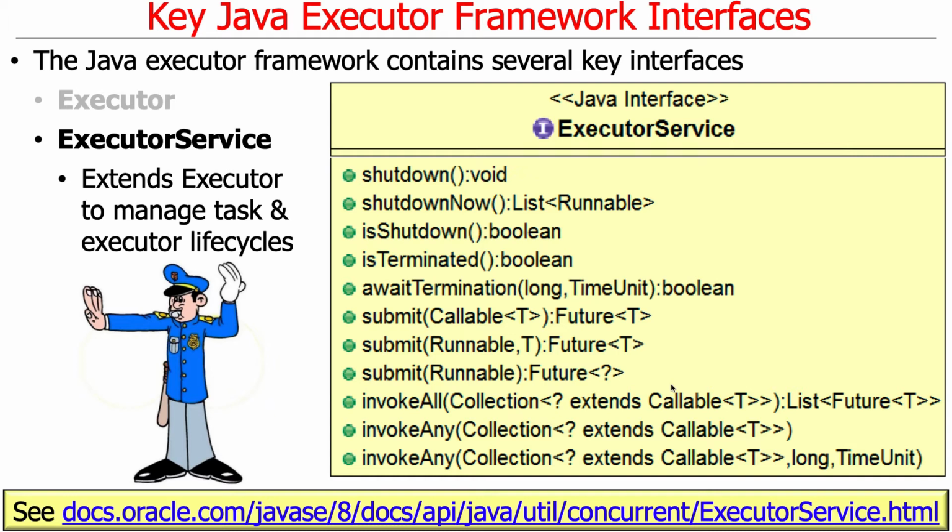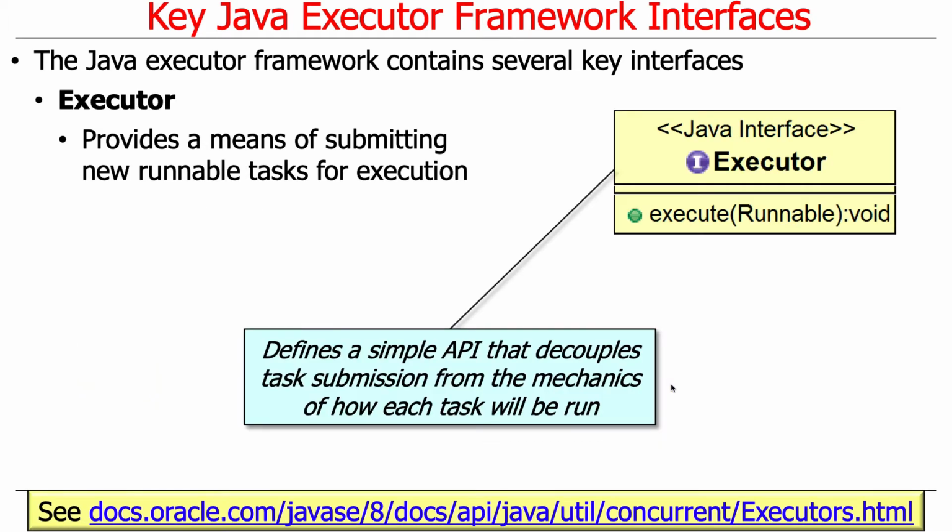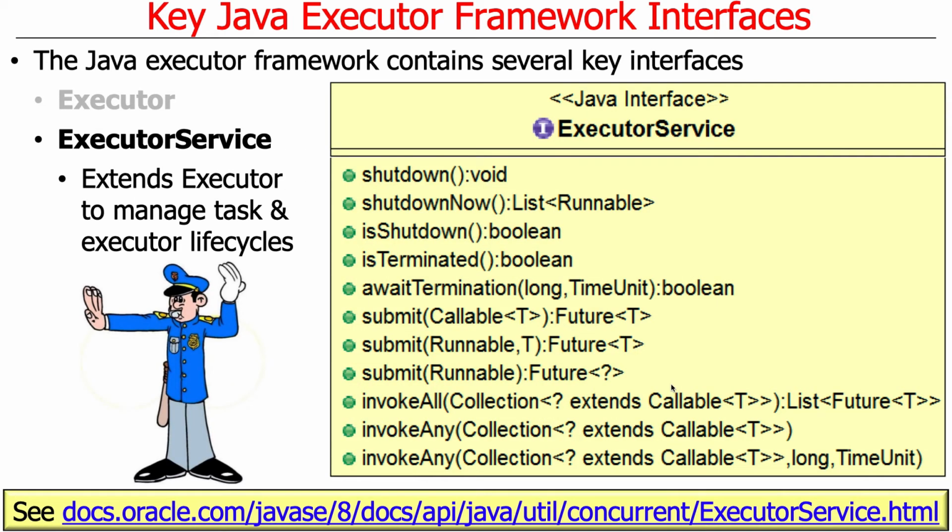Much more interesting is the Executor Service, which extends Executor. So it also has an execute method, but it also has a boatload more methods, probably like 20-some methods. I just show a subset of them here. Some of these methods can be used to submit different kinds of tasks.